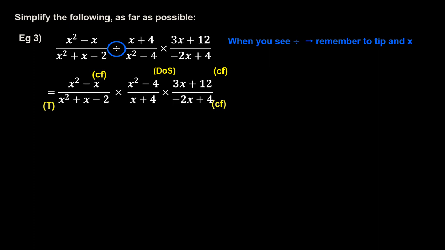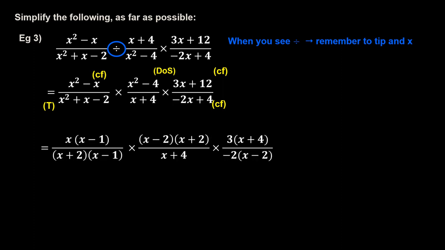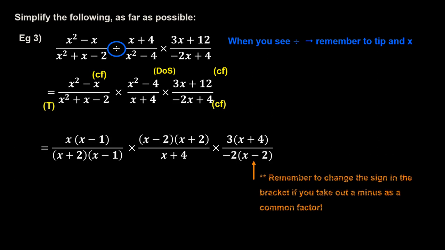So if we do all those factorizations, we will end up with the next step. One thing you just need to be aware of is if I take out a minus 2 as my common factor, if I take out any negative as a common factor, I must remember to change the sign inside the bracket.